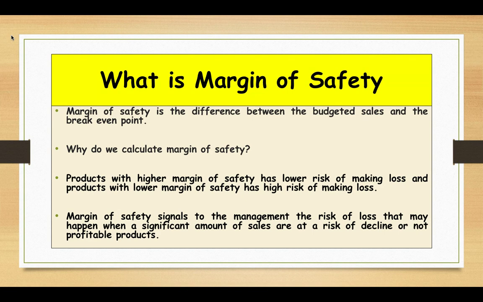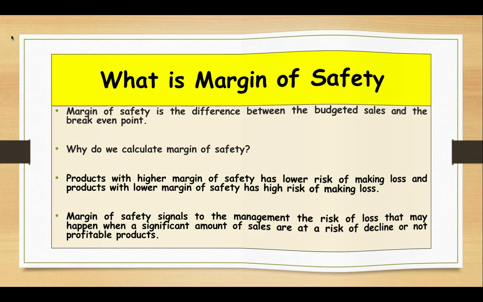We all know low percentage of margin of safety might cause a business to cut expense, because if they don't cut the expense, they can't increase the margin of safety. Later we will be looking at how to increase the margin of safety, as high margin of safety is preferred by businesses.